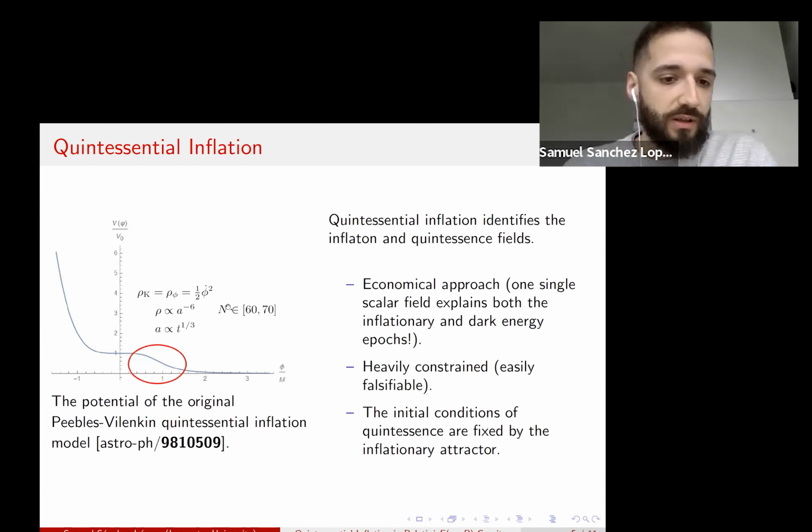And here I'm showing the original potential proposed by Peebles and Vilenkin, which is now observationally discarded, but it serves the purpose to show that all models of quintessential inflation feature this new cosmological era in the history of the expansion of the universe, called kination.